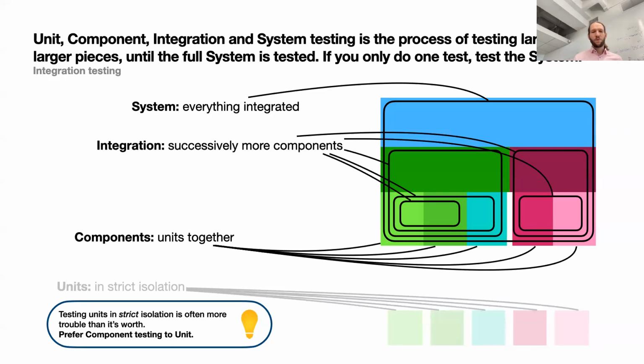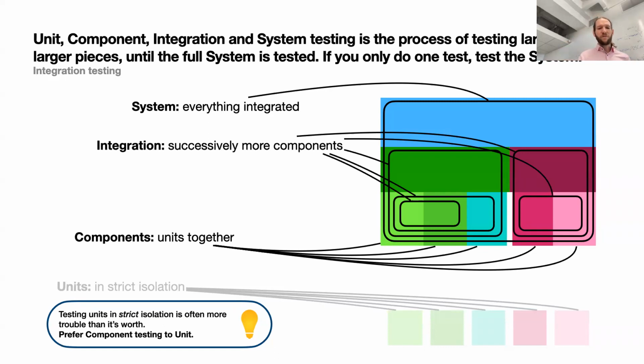So my recommendation would be that component tests will probably do, and you'll probably need more component tests than any of the other kinds. So start there. Once we have those components, we can start integrating those into larger and larger pieces. And these are called integration tests. And what we do is we see how they interact as we've built them together, and we test larger and larger pieces of code.